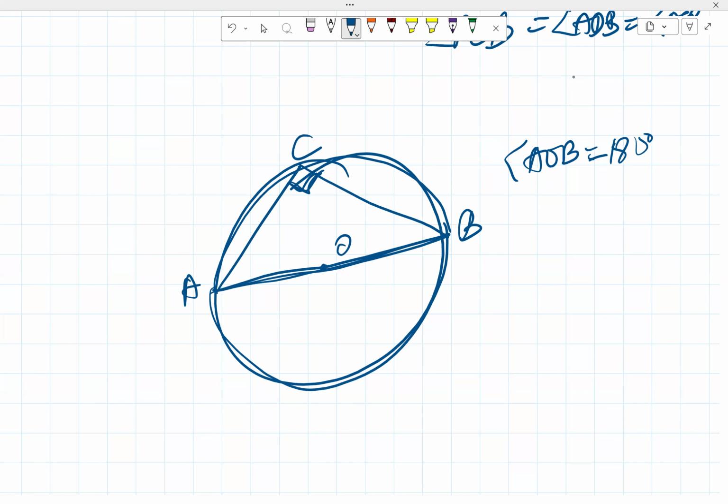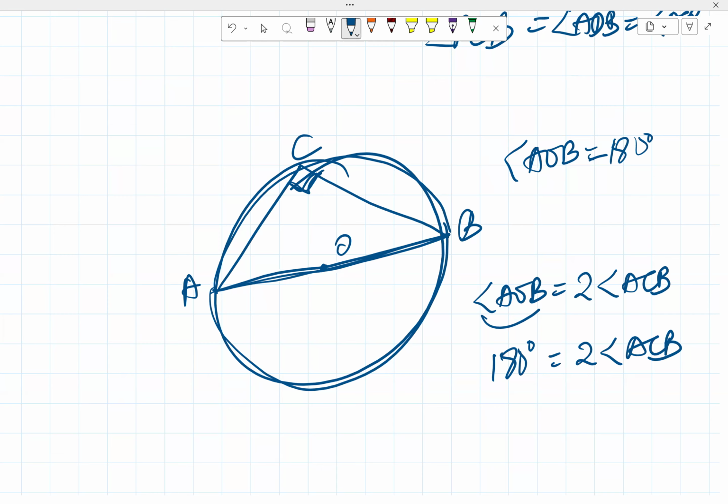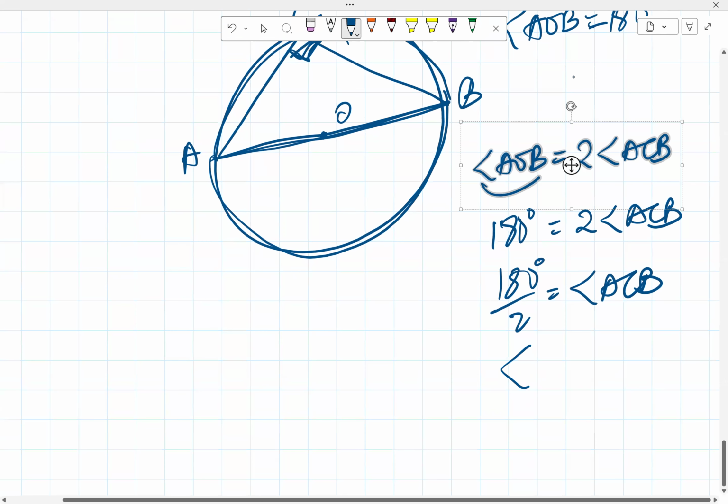So if you say this is C now, for instance, we know that angle AOB is equal to 2 times angle ACB. And since we know that AOB is 180 degrees, we have 180 degrees equals 2 times angle ACB. So that means 180 degrees over 2 is equal to angle ACB. In all, angle ACB is equal to 90 degrees.